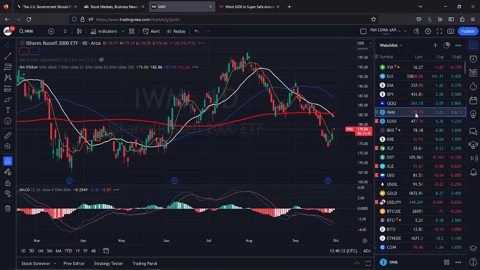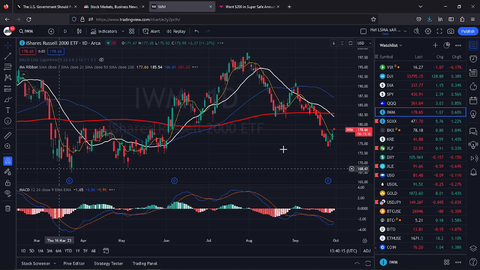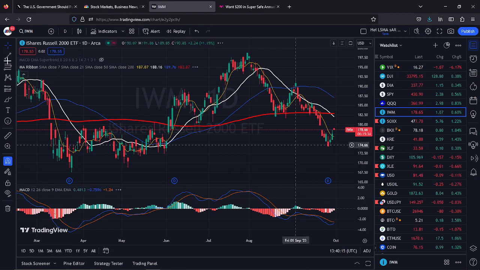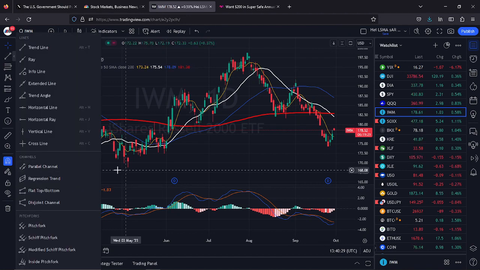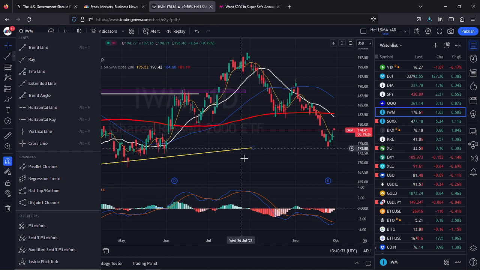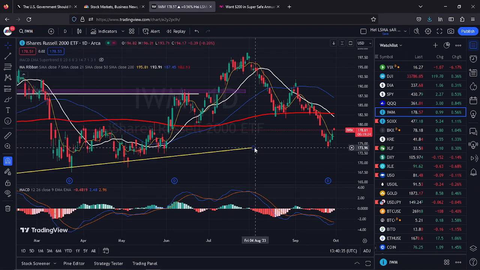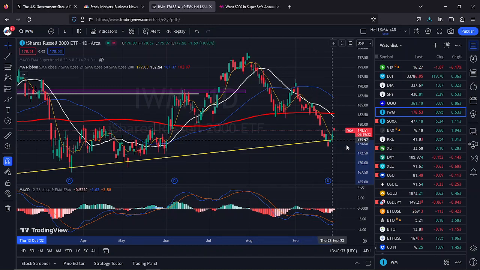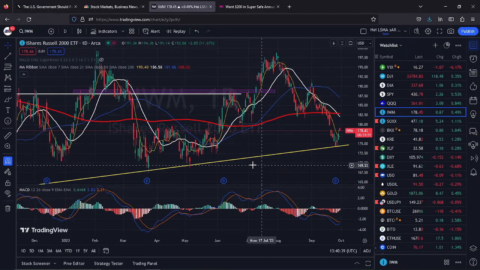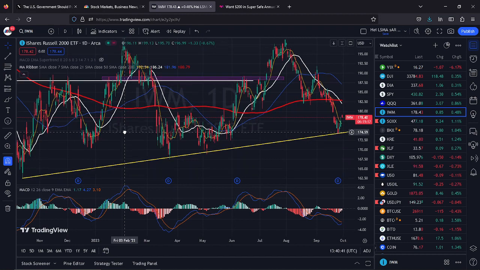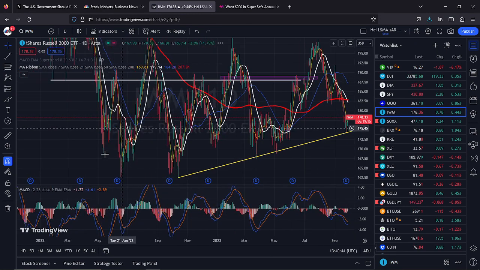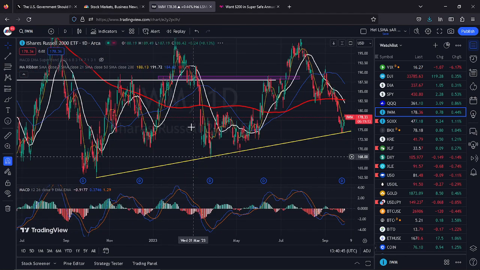Russell 2000 ETF, that was the weakest of the three. Looks like for now we can draw a resistance, actually a support line here. 1, 2, 3, 4.